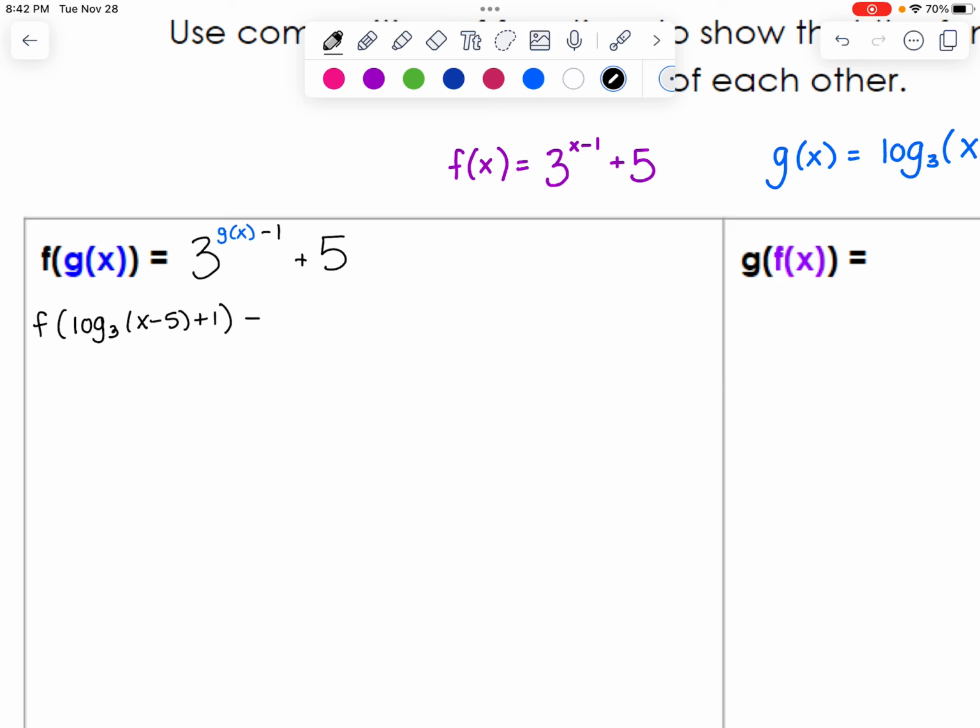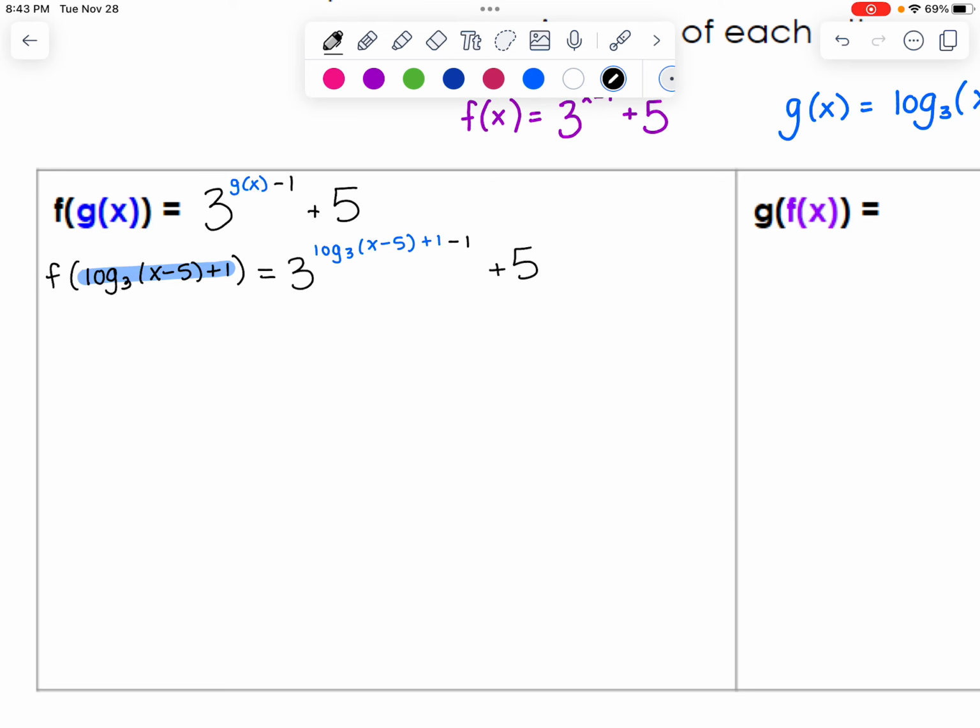So that whole equation right there, that's what we're plugging in for g of x. So that would be 3 to the power of log base 3 of x minus 5 plus 1. And then we need to bring down the original equation of f of x, so minus 1 plus 5.